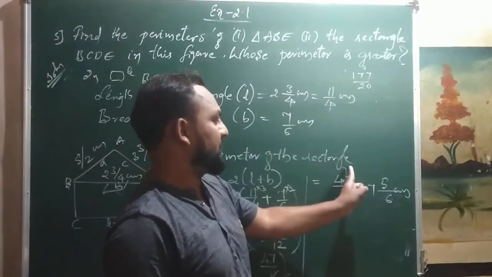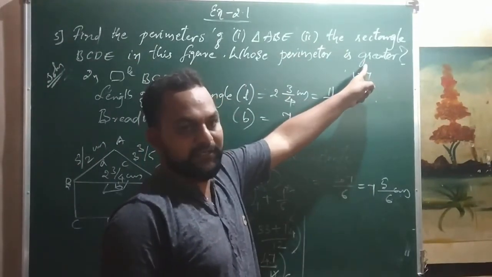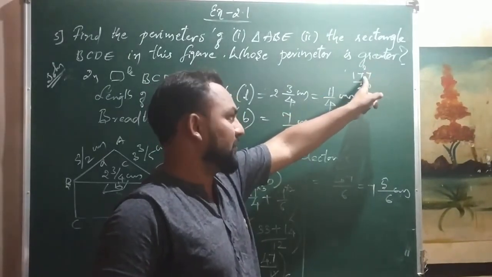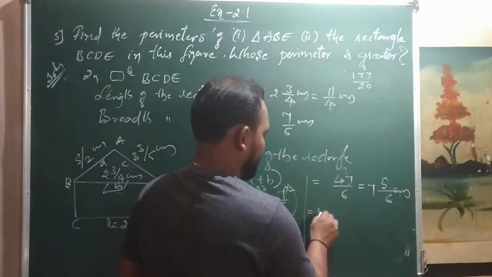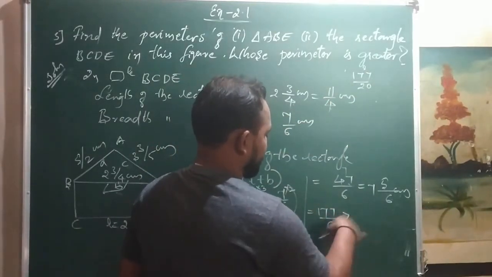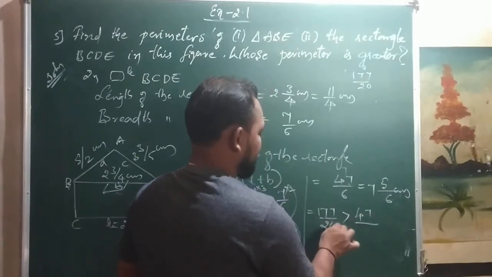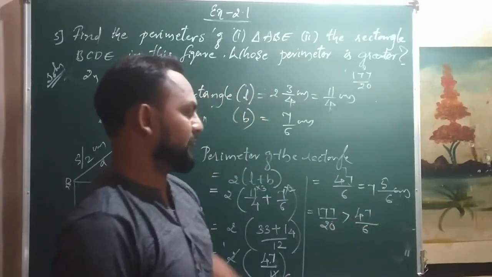Which is greater, 7 or 8? 8 is greater. It means 177 by 20 is greater than 47 by 6.